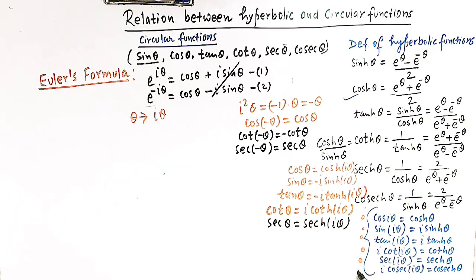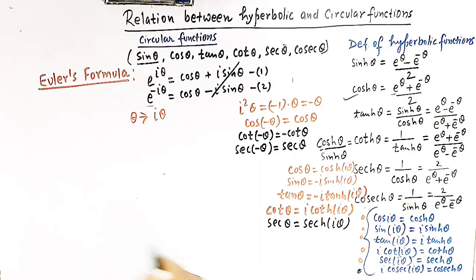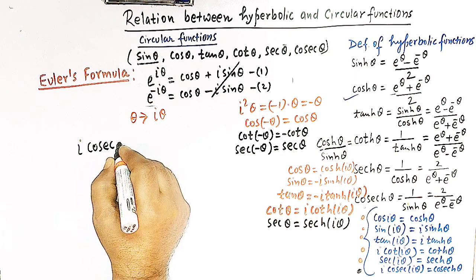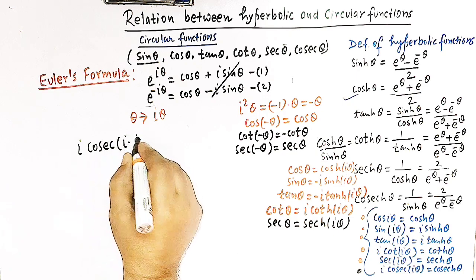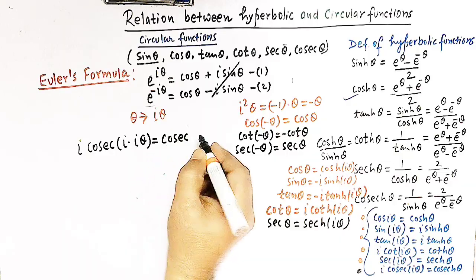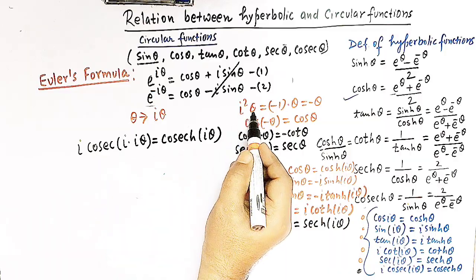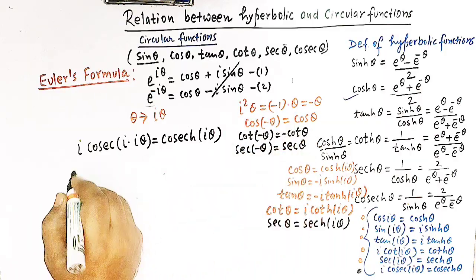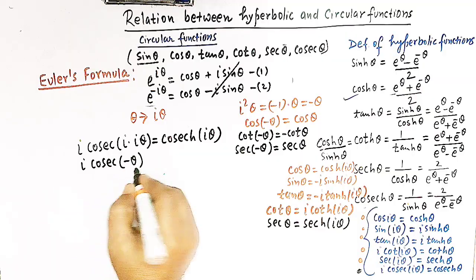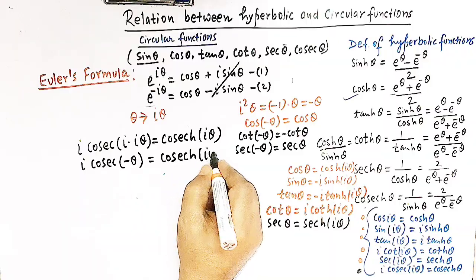Now let us replace theta by iota theta in the sixth relation. We have i, then we have cosecant of i·iθ, and that is equal to the hyperbolic cosecant of iθ. So again, i²θ is minus theta, so we have i cosec of minus theta, and here the hyperbolic cosecant of iθ.